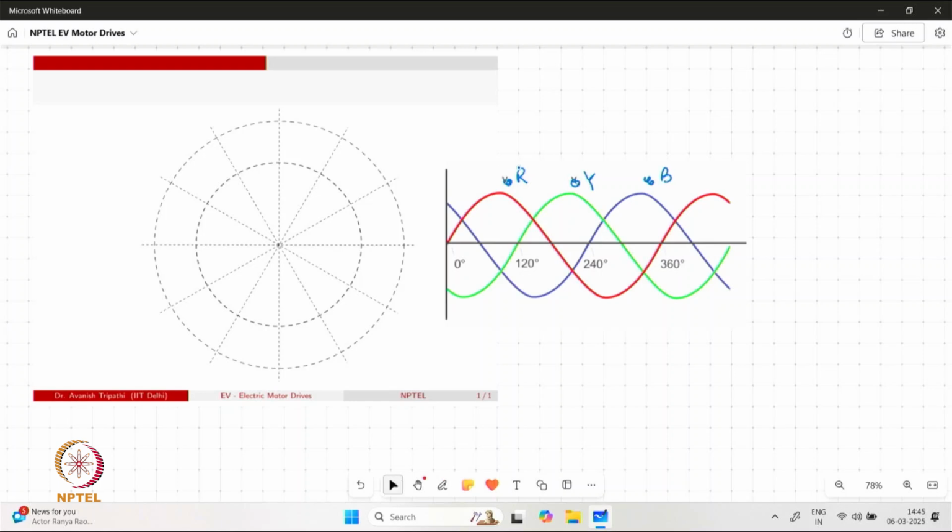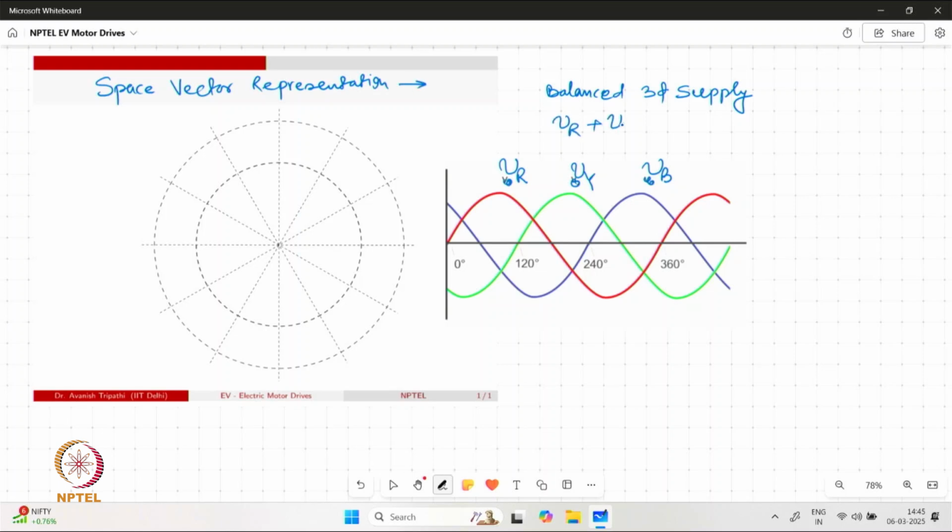Say we are considering the voltage over here, so we can take VR, VY and VB, and these are distributed in time to have a balanced three-phase supply, which means that at any point of time, the sum of the three quantities is going to be 0.